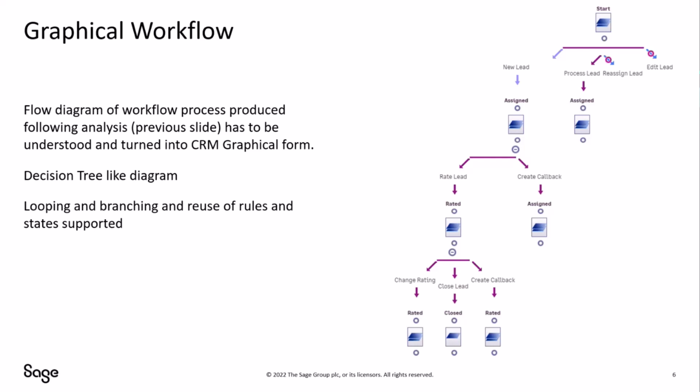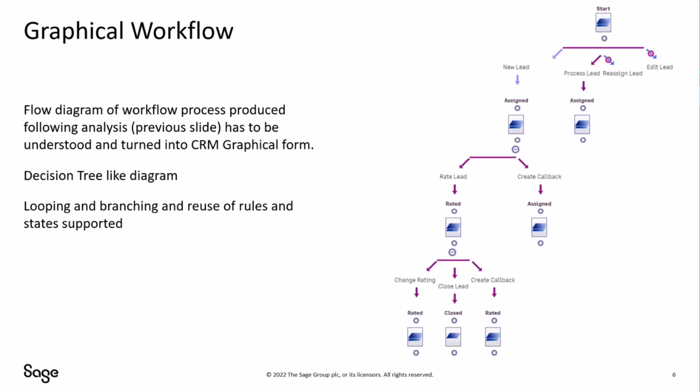So if you install Sage CRM, you will find that there are default workflows that cover the marketing entities, sales, leads, opportunities, and customer care. And in fact, there are two opportunity workflows straight out of the box, and you can look at these and understand how they can work together and how you can see the flow of the behavior and the states inside there.